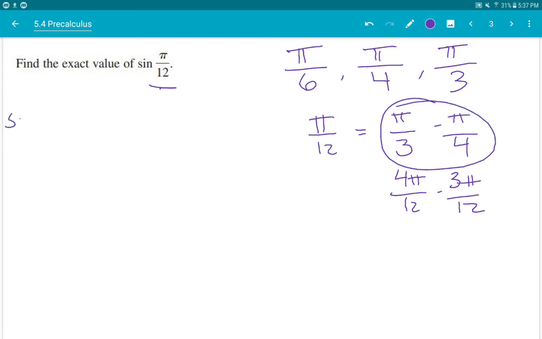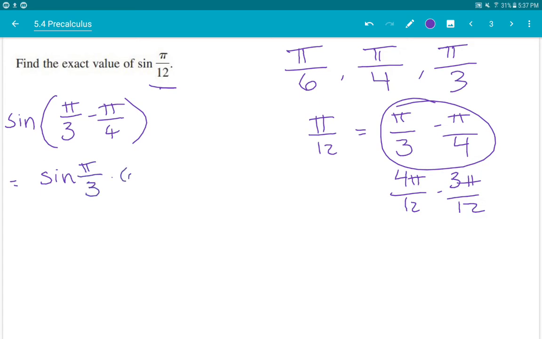All right, so we're using sine, so sine of pi over 3 minus pi over 4. So we're working with sine here, so it's going to be sine of the first times cosine of the second minus cosine of the first times the sine of the second.